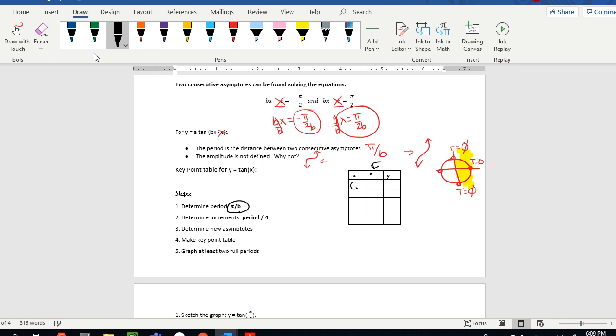Let's fill in key points from this yellow part. So our bottom number will be, what's the lowest it could be? It's negative pi over 2. I'm sorry, undefined. Oh, there's a problem. These points were important because this is where tangent equals 1, tangent equals negative 1.